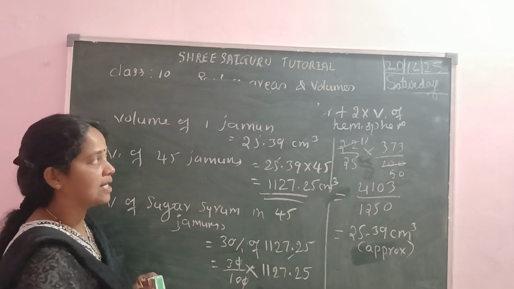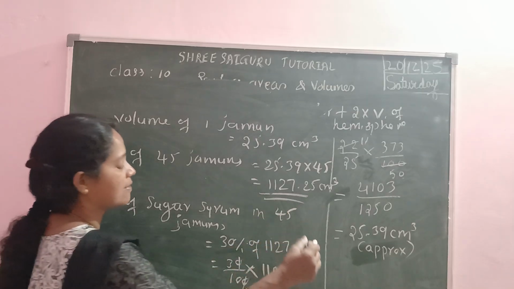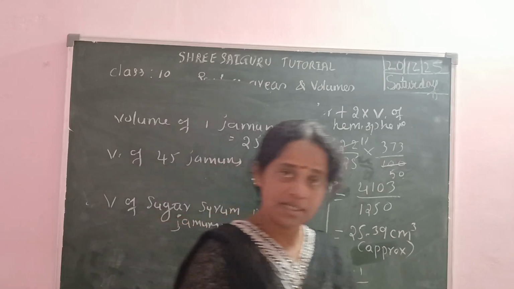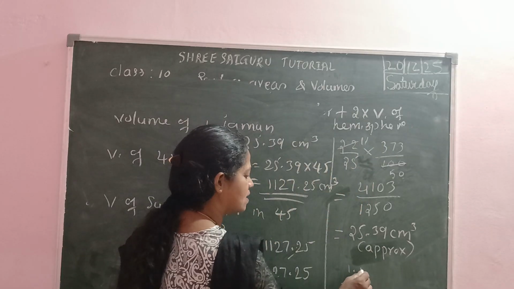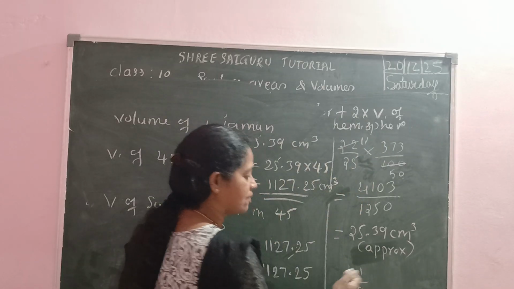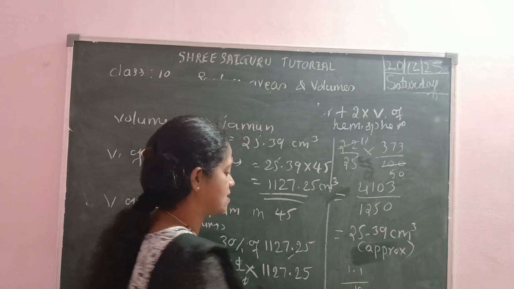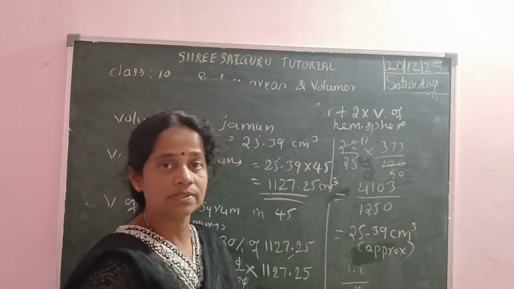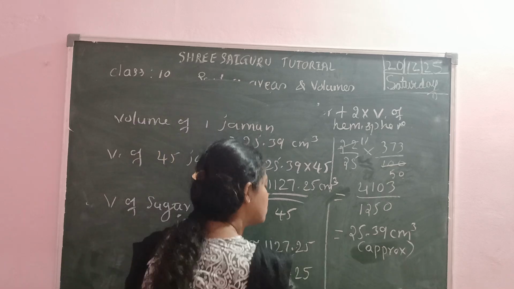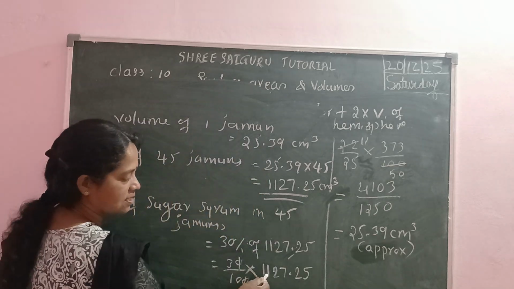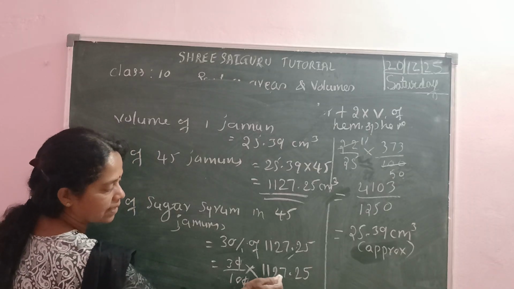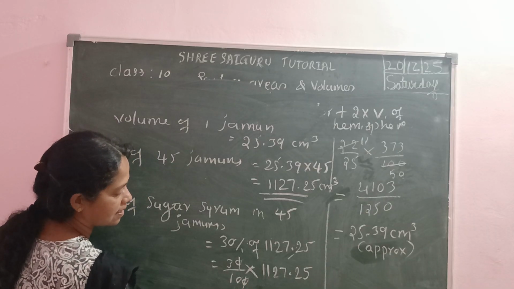For example, 1.1 divided by 10, the point will shift towards the left-hand side. So the answer is how much? 0.11. This is basics in mathematics. So here I am dividing 1127.25 by 10. The point will shift towards the left side. That is 3 into 112.725.